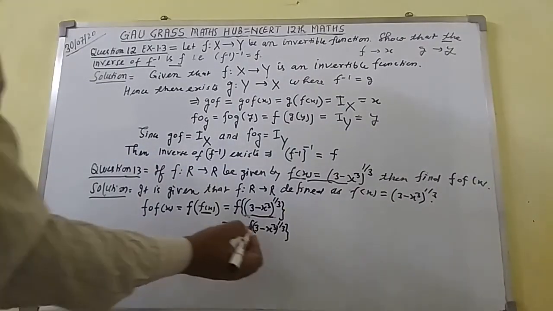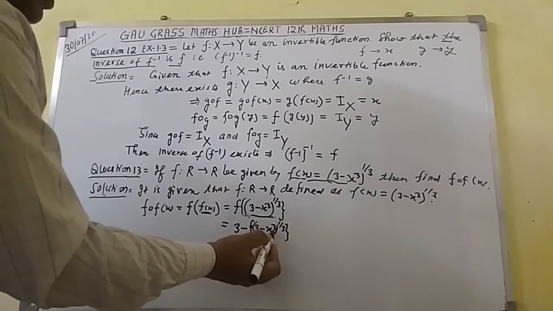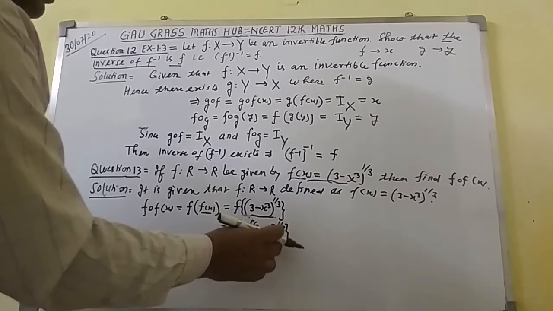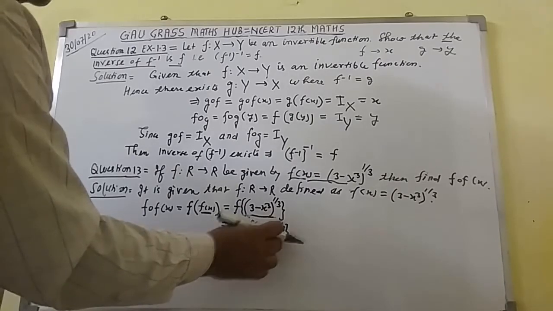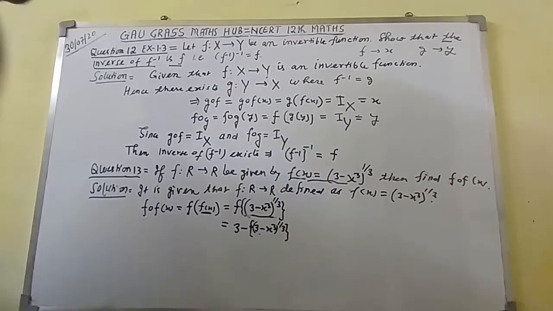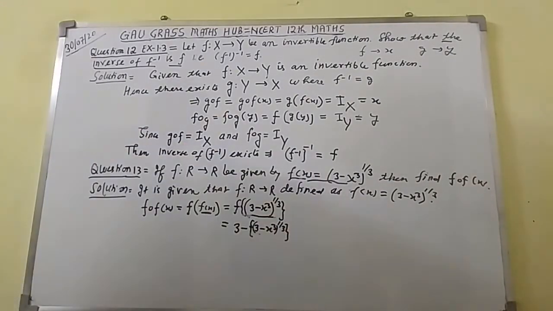So in place of x I have written (3 minus x cube) whole raised to power 1/3. Again, in place of x I have written this one.